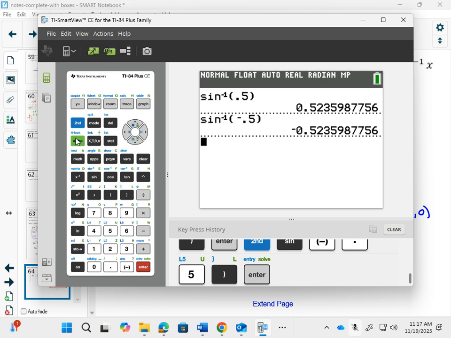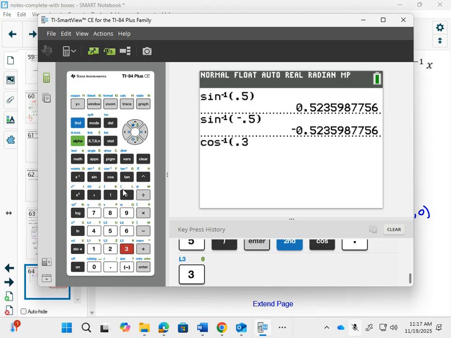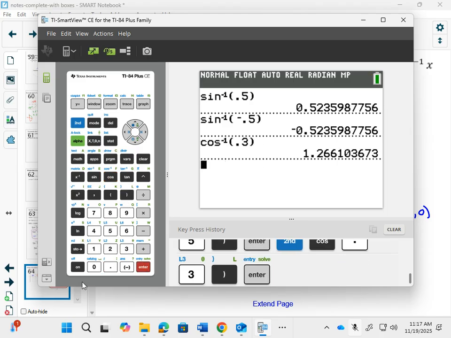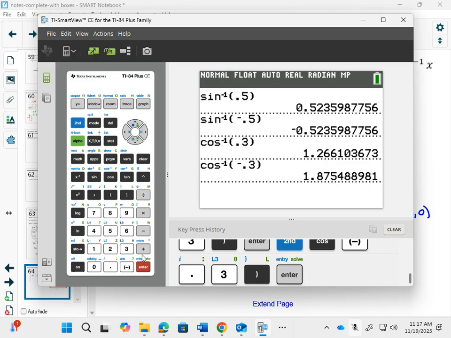But with cos, you really got screwed up if you did the negative. Watch this. Cos inverse of 0.3, this is your actual reference angle, 1.266. If you accidentally did cos inverse of negative 0.3, you still got a positive answer. And you were tempted to think this was your reference angle. But 1.87 is actually in quadrant 2.